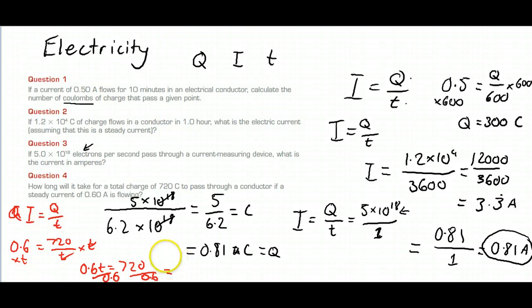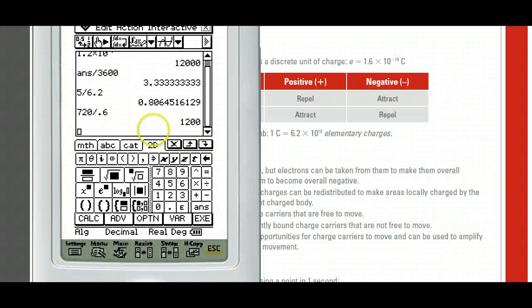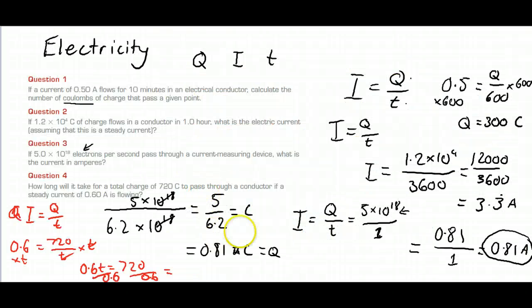So 720 divided by 0.6 is 1200. So we must have 1200 seconds passing for this amount of coulombs to go past a certain point in the conductor if we have this many amps.